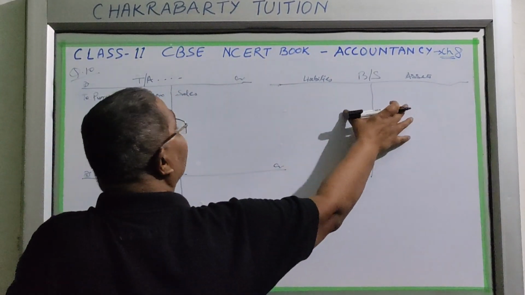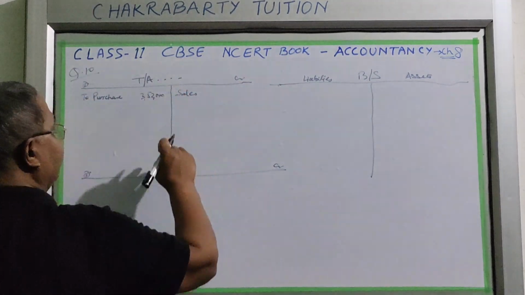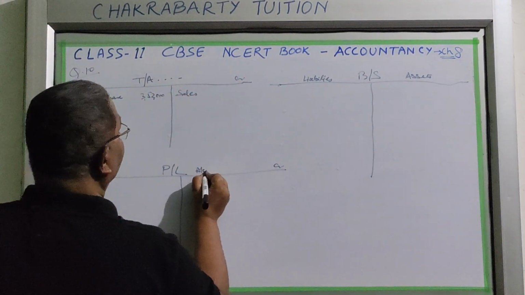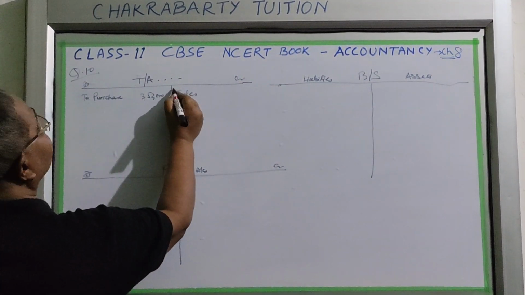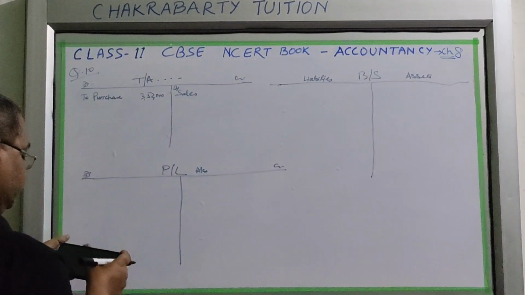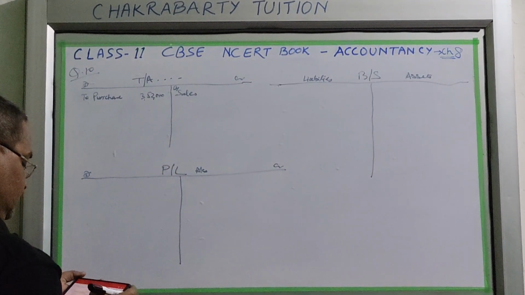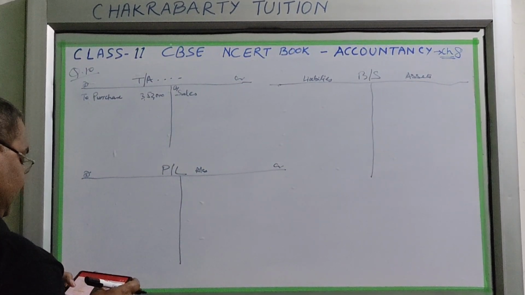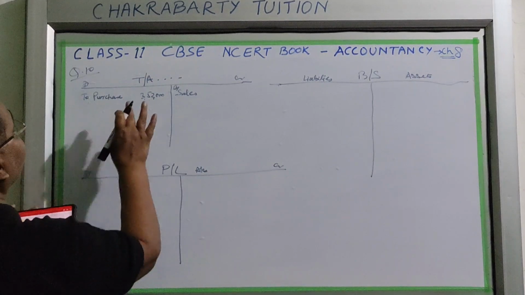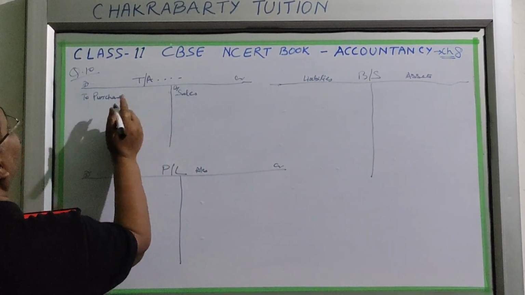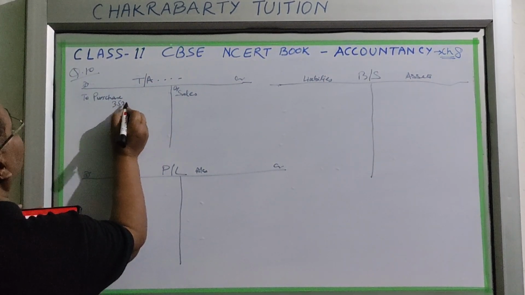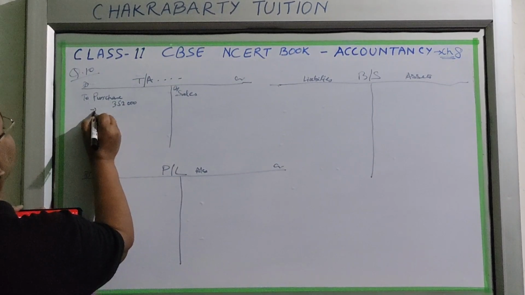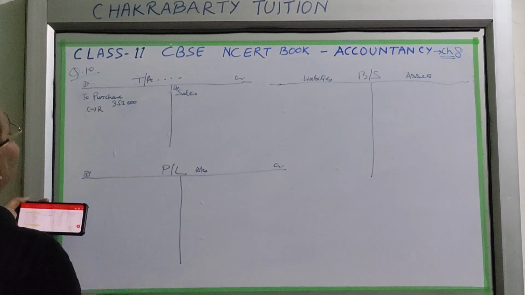And here the words "to" and "by" are not used, it is a sheet. These are the accounts, so "to" and "by" words are used, by sales. Then returns inward and returns outward. How will you know what is inward and outward? 352. You know the returns are always written with a minus sign.